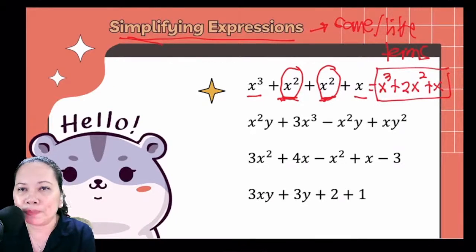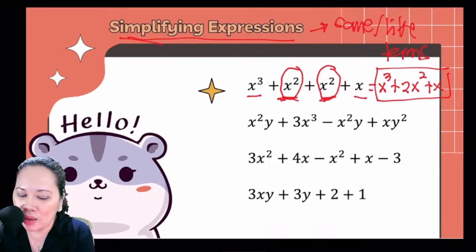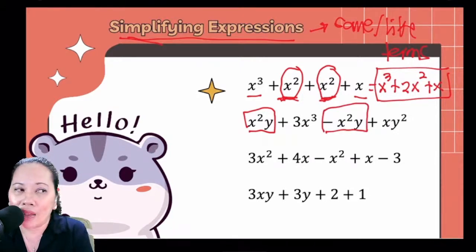The second question: you have x squared y plus 3x cubed minus x squared y plus xy squared. As I have mentioned, when you are asked to simplify an expression, it has to have like terms. So what are like terms here? You have x squared y and x squared y. That is exactly the same.